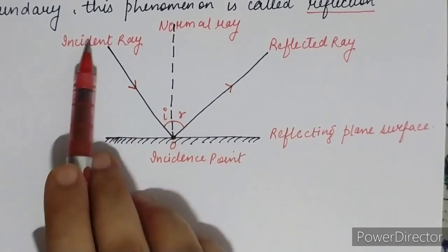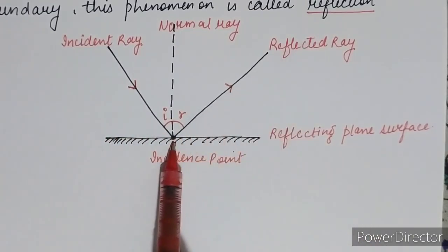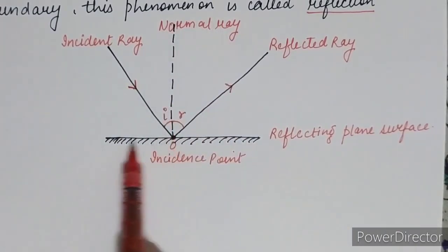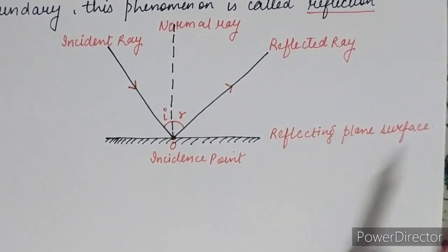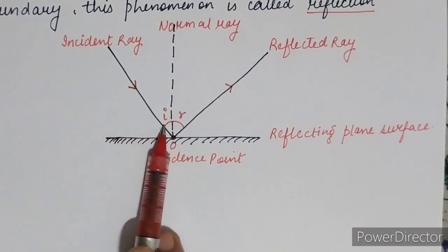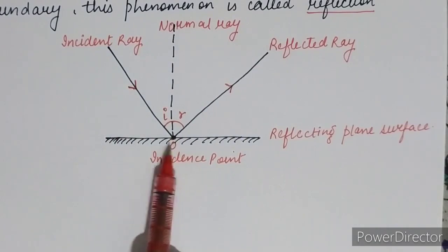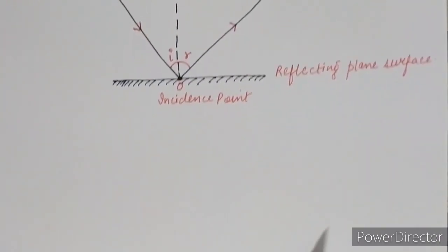We have seen that the incident ray comes at point O, the reflected ray is also at point O, they are meeting, and the normal ray is also at point O, and this point O is on the same plane. Which plane, beta? The reflecting plane surface. So we can say the incident ray, reflected ray and normal at the point of incidence always lie on the same plane. That plane is known as the plane of incidence. Clear, beta? So these are the two laws of reflection.